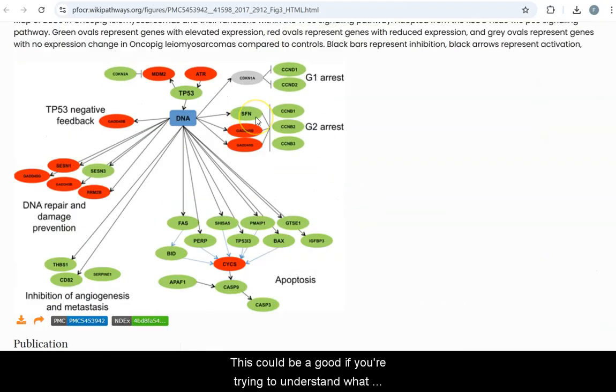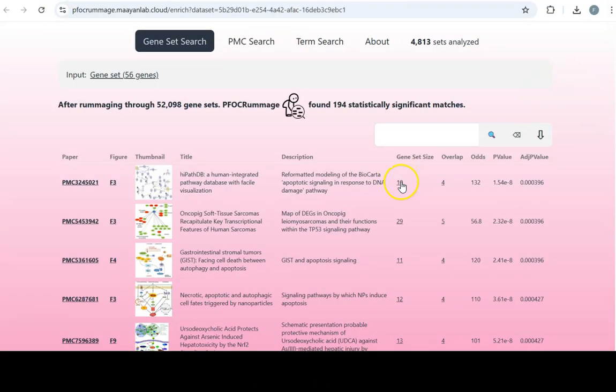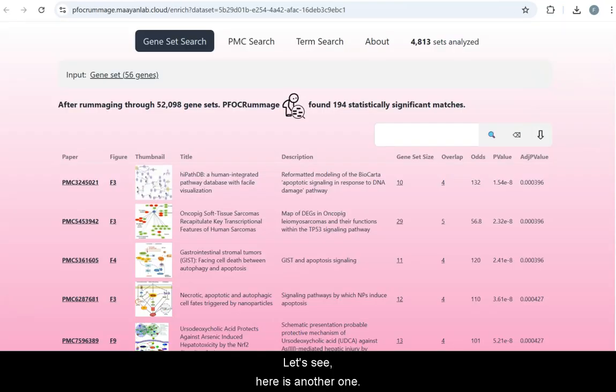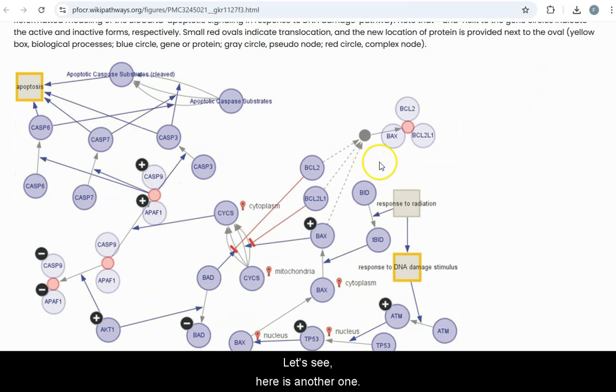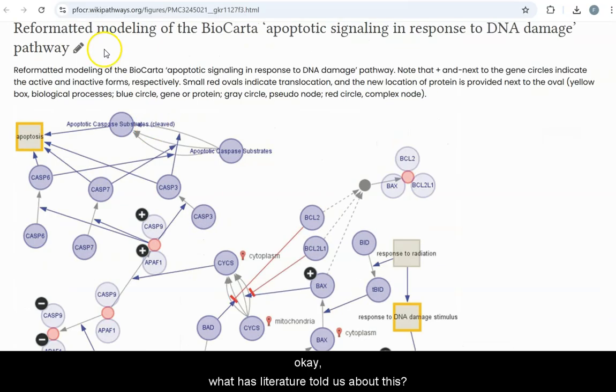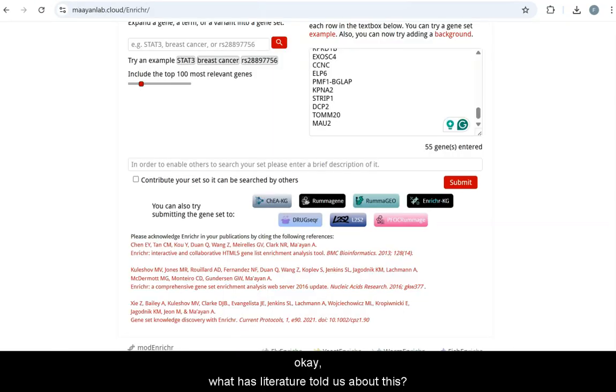And this could be a good way, if you're trying to understand what your genes are doing, to see, okay, here is a link. Here, let's see, here is another one. There it's the image. It could be a way for you to start building up your presentations linked to your genes, and also trying to understand how these are linked by looking into what the literature has told us about this.